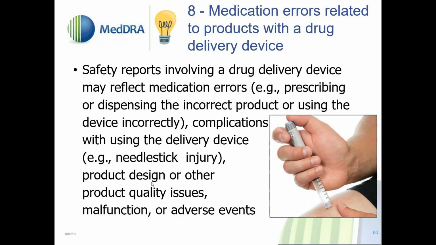Similar to what we already discussed for medications, safety reports for these products may relate to medication errors, to complications when using the device, like for instance needle stick injuries, or to product quality issues as well as consequent adverse events in the patient. And as always, in case of incomplete or ambiguous reports, clarification should be sought to clarify whether the incident is related to a device issue or malfunction or a device use error by the patient.